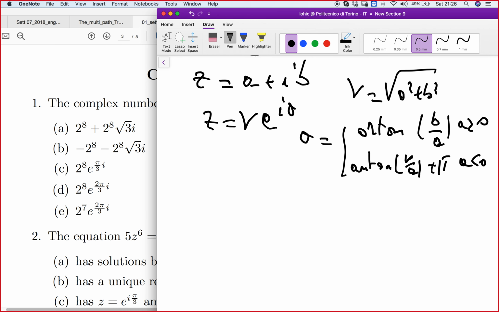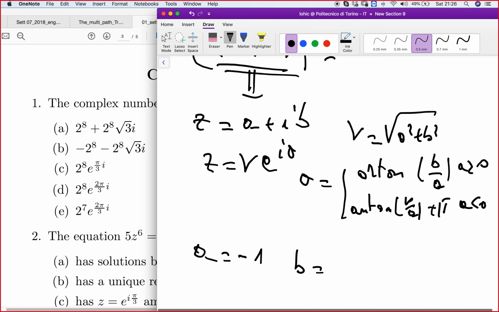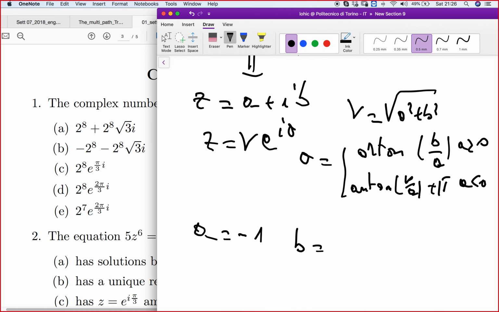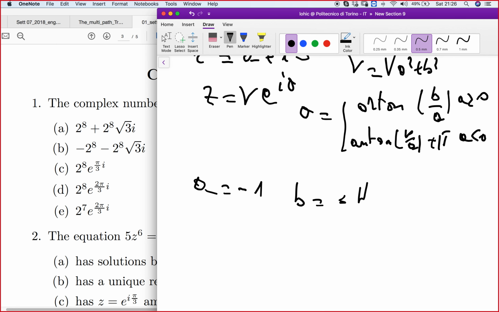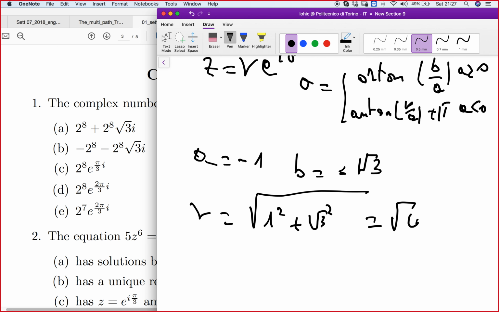Nice. In our case, you can see that a is minus 1 and b is minus root 3. So r is going to be the square root of 1 squared plus root 3 squared, equal to root of 4, equal to 2.